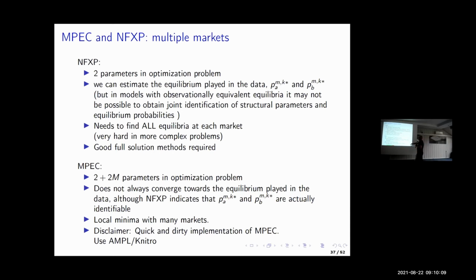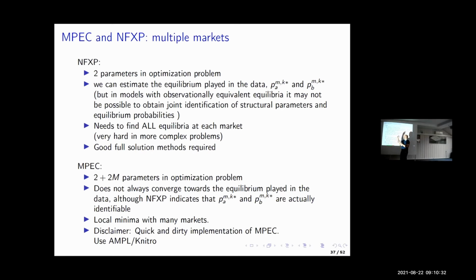So for MPEC, you have the 2 structural parameters, but you also have to estimate the 2 times M probabilities. There are 2 probabilities, and then for the M markets, they could potentially be different at each of the different markets. So if you want to allow for these probabilities to be different across markets, you have to estimate all of them.